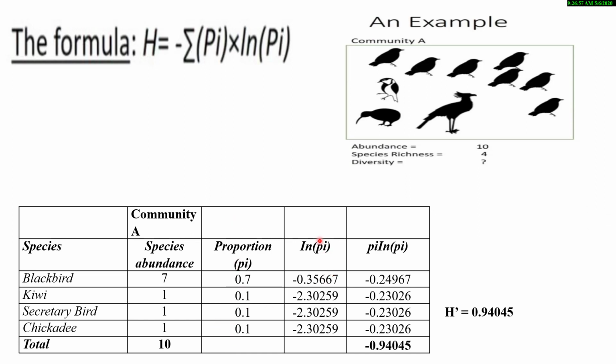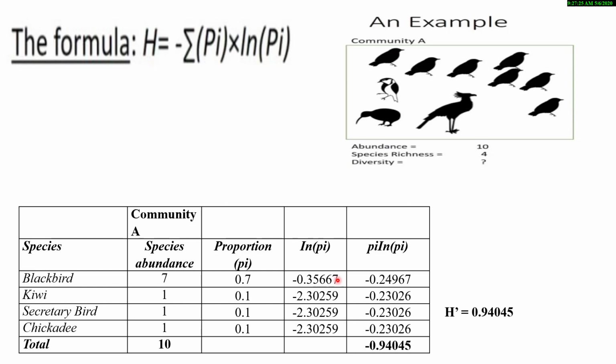Now, the next column that we are going to compute is the natural log of the proportion of the individuals. When you take the natural log of 0.7, you are going to get minus 0.35667.